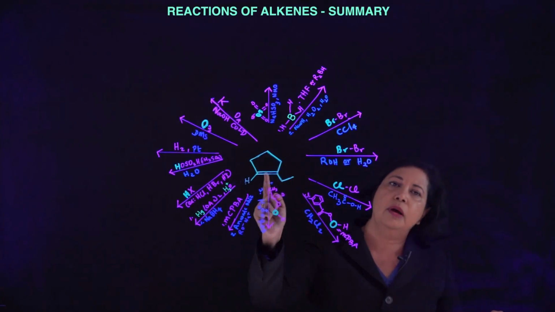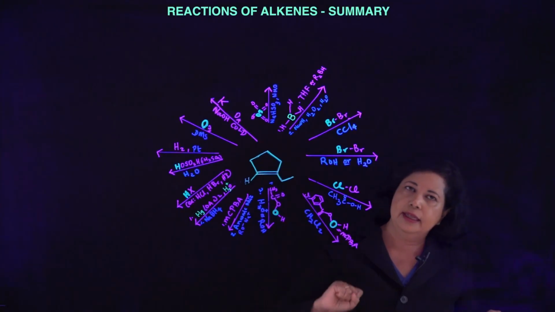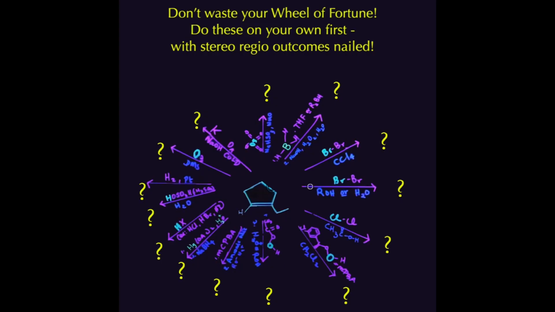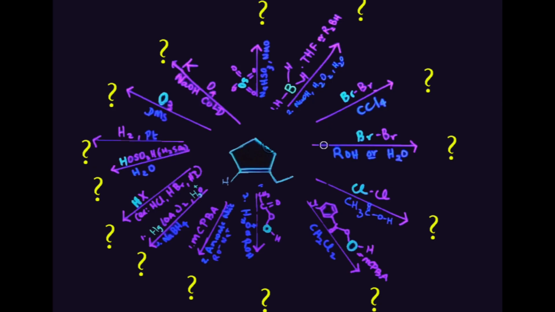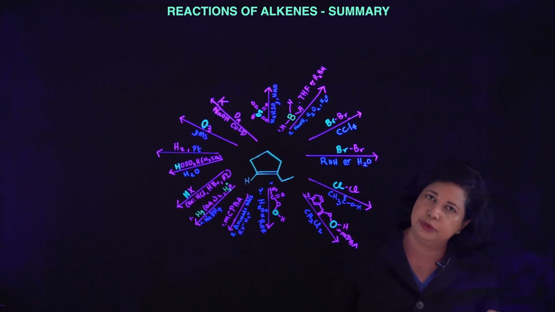This is an asymmetric molecule, and it's a cyclopentene, and that's ethyl cyclopentene.